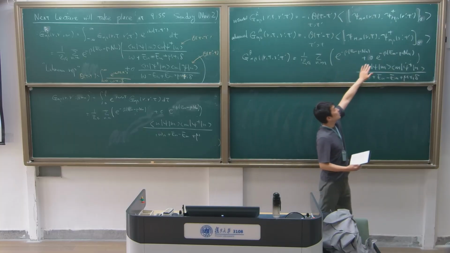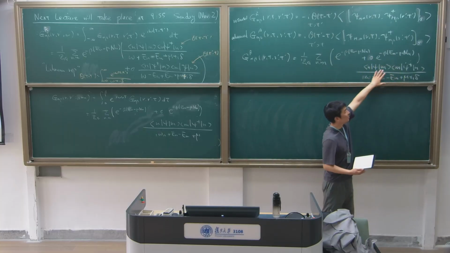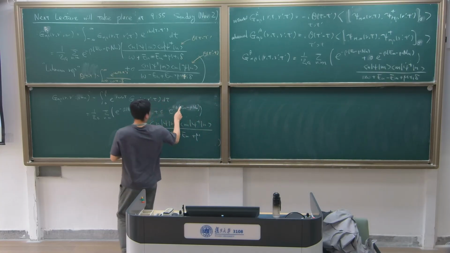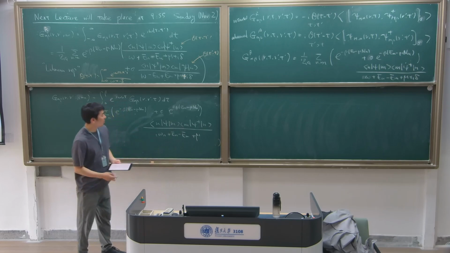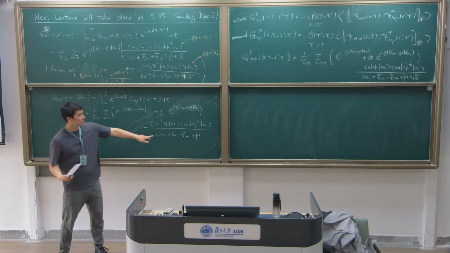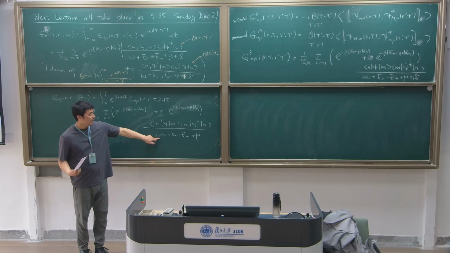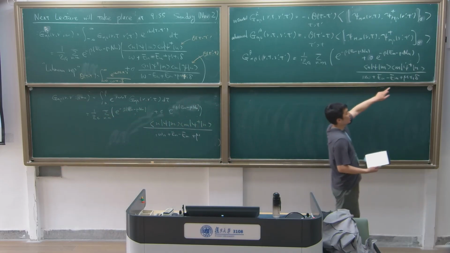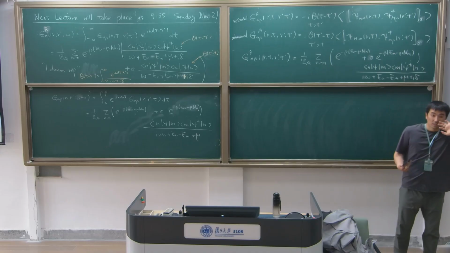So e to blah blah plus sigma, e to blah blah, and then this one. e to blah blah plus sigma, e to blah blah, and this one. The only difference is that here it is slightly different: i times omega_n, whereas this is omega plus i delta. That's why.